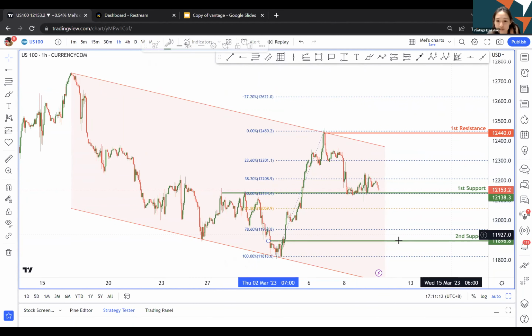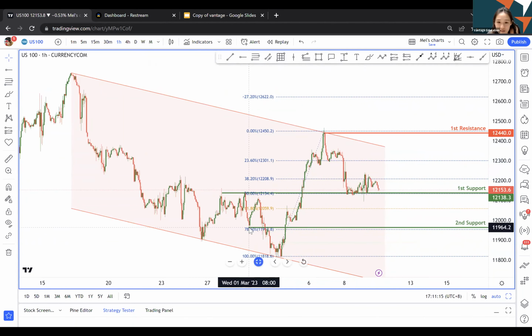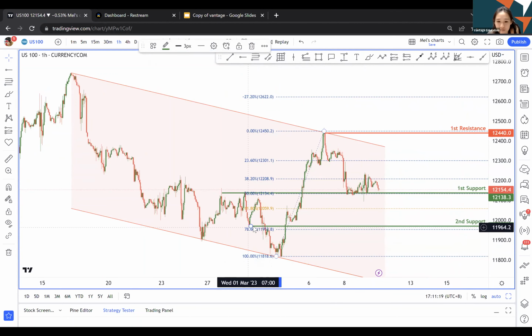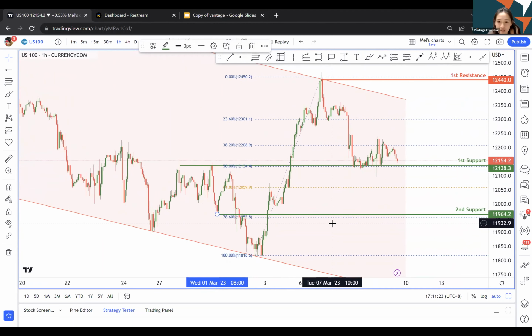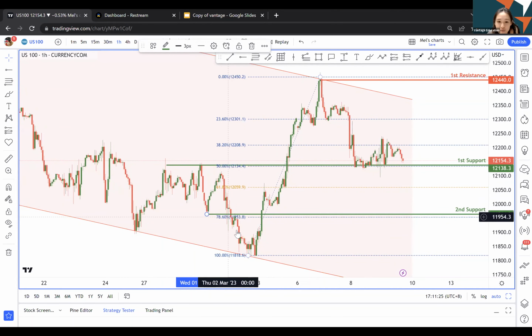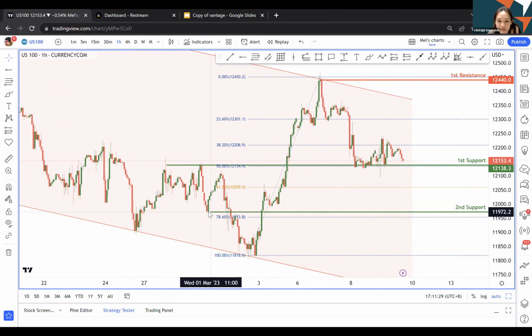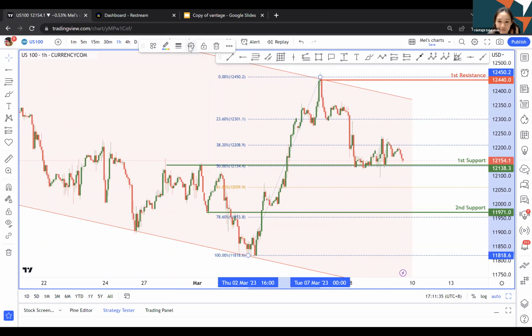Okay, actually, I'm going to put my second support over here at the swing low. And this is a pullback support. If we zoom in, we can see price has pulled back to this level twice before. And we can see that it's also in line with the 78.6% Fibonacci retracement.